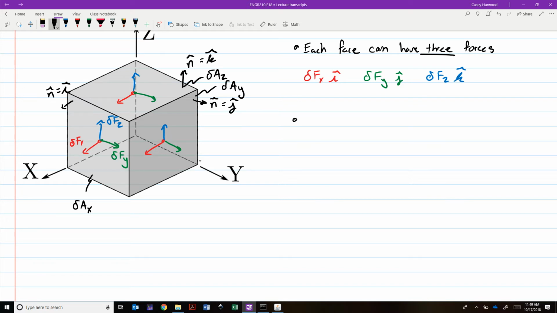How do we define a stress? What 2 quantities? It's the quotient of what? Force over area, right?